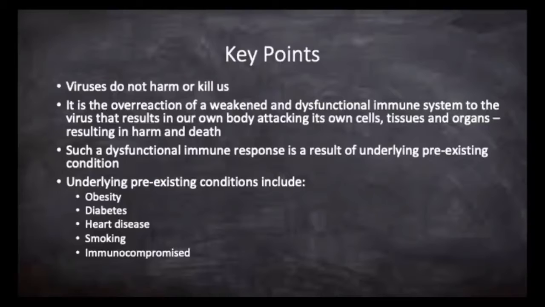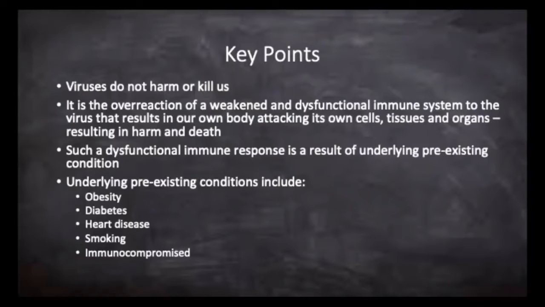Your body's an amazing being. It knows how to take care of itself. And that's how we get immune health. This dysfunctional immune response is a result of underlying pre-existing conditions. Okay, what are we talking about?